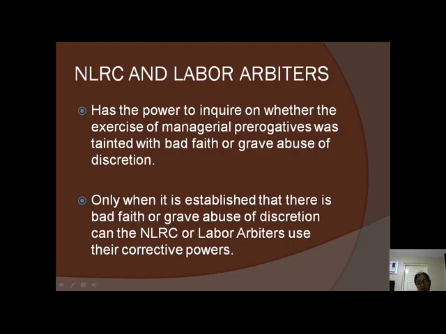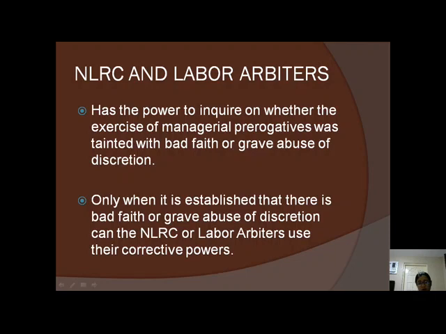Like for example, if the employer claims that they are just exercising their management prerogative when they dismiss the employee, then of course the NLRC has the power to inquire whether the exercise of managerial prerogative was done in good faith, no. So only when it is established that there is bad faith or grave abuse of discretion can the NLRC or labor arbiter use their corrective powers.